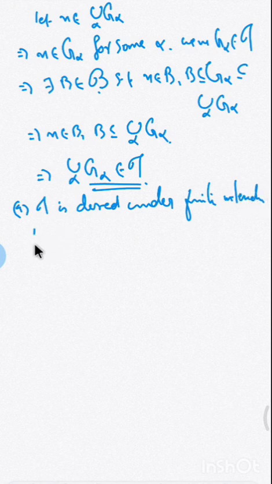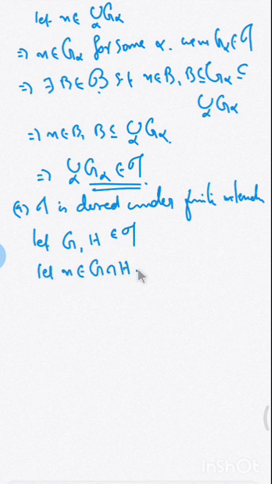Okay. Let me take the first two elements, G comma H, two sets in tau. I am going to prove that G intersection H also belongs to tau. So for that I take an element from G intersection H, and let X belong to G intersection H. X belongs to G intersection H means X belongs to G and X belongs to H. And what is G?